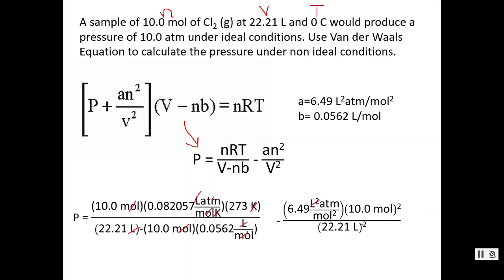Make sure the liter squared unit is squared. You don't square the 6.49, but you do square the 10, and you do square the 22.21. But you get something that's in atmospheres, which is great. And so under non-ideal conditions, the pressure of this chlorine gas is 9.03 atmospheres.